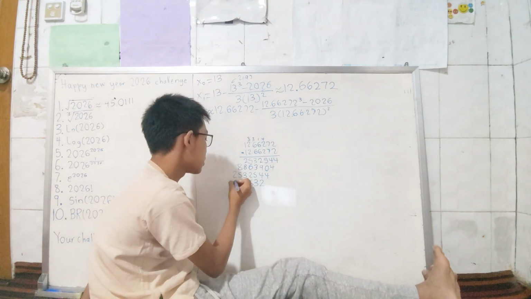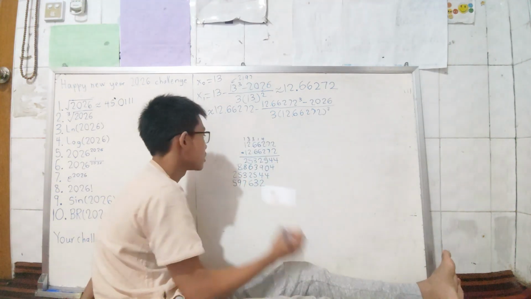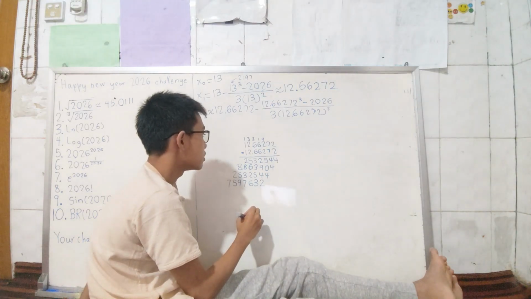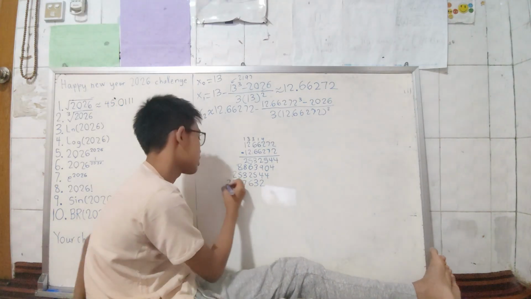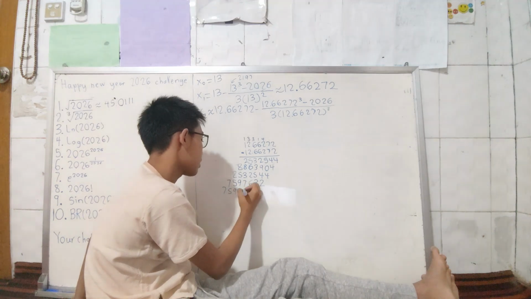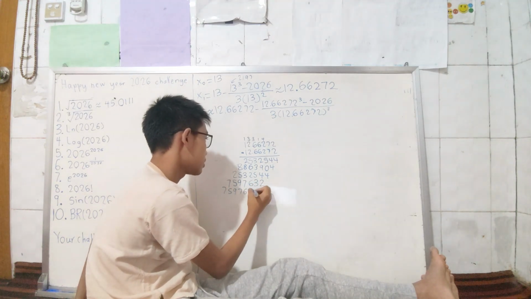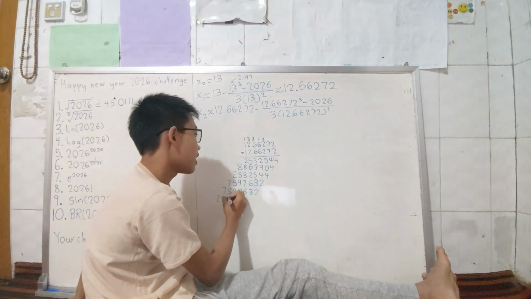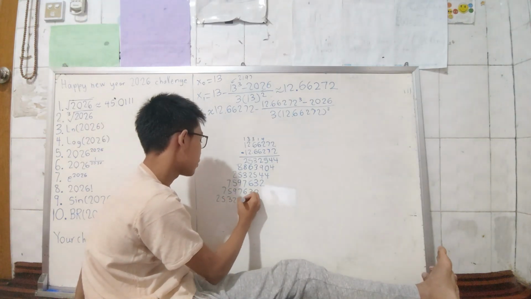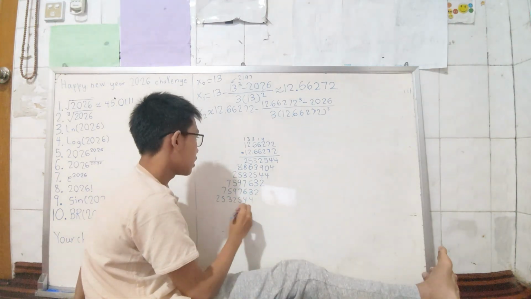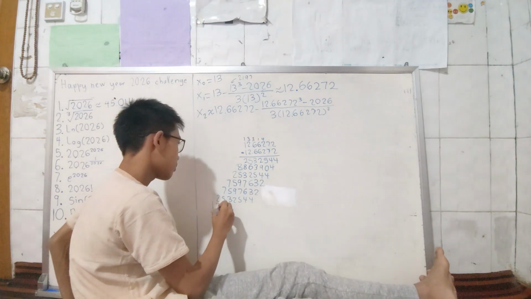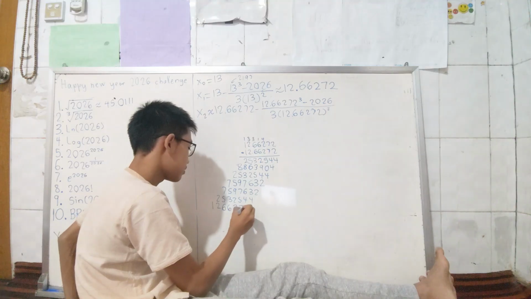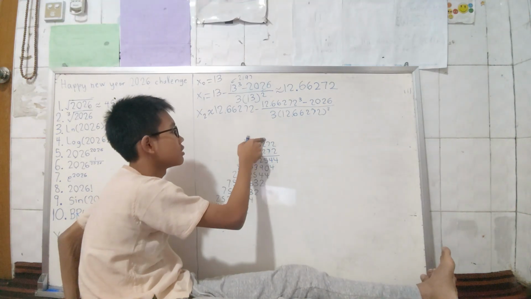That's gonna be 50. That's gonna be 7 right there. 12 times 6 is 72. Okay, so 7, 5, 9, 7, 6, 3, 2. And then there's 2 right there, so that's gonna be 2, 5, 3, 2, 5, 4, 4. And then lastly, that's going to be 12.66272.